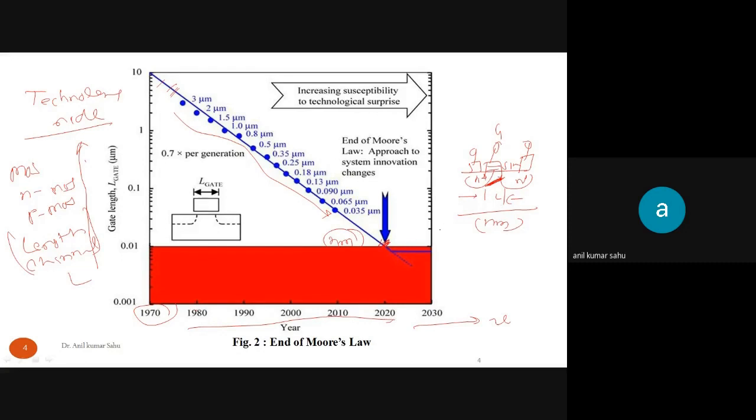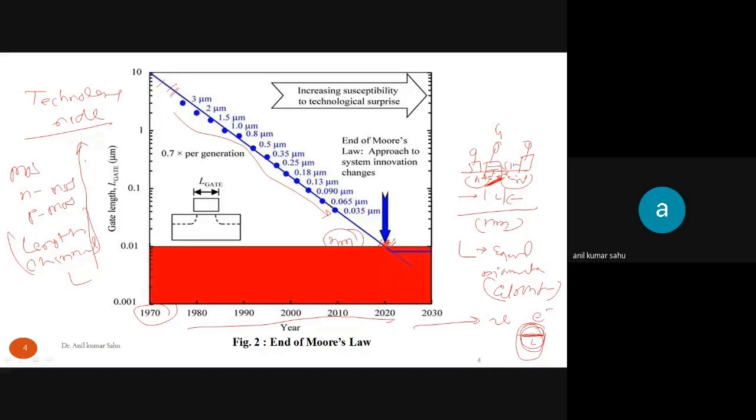Beyond certain nanometers, whenever this channel length L becomes equal to the diameter of an electron, the electron can pass through the channel only if the gap is at most equal to the diameter of the electron, because in the channel the electron is what passes.